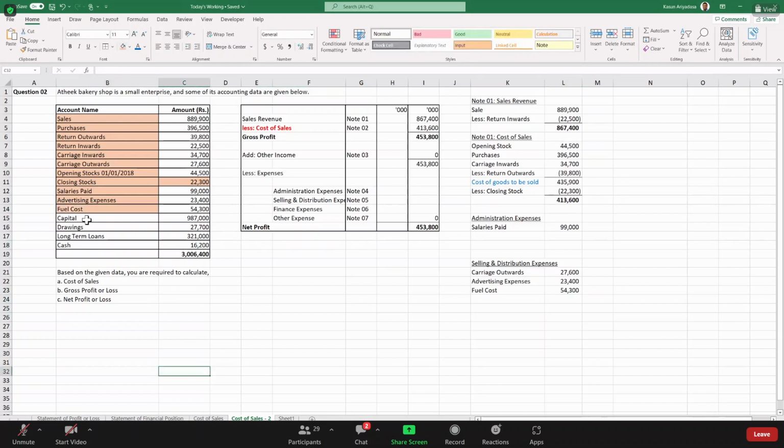Then capital, it's a balance sheet item, not relevant here. Drawings, it's a balance sheet item, not relevant here. Long-term loan, it's a balance sheet item, not relevant. Cash, balance sheet item, not relevant.